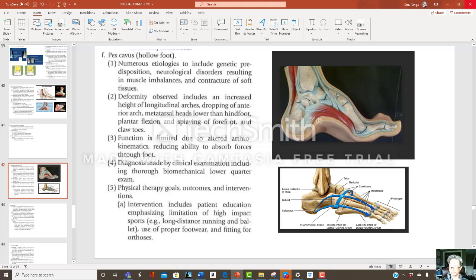Okay, so deformity observed includes an increased height of longitudinal arches, dropping of the anterior arch, metatarsal heads lower than the hindfoot, and plantar flexion and splaying of forefoot and claw toes.